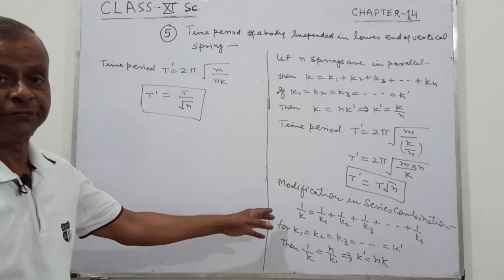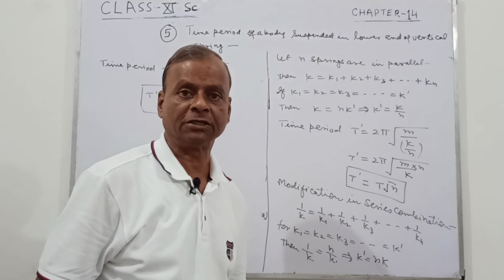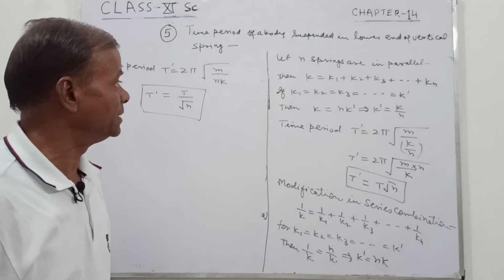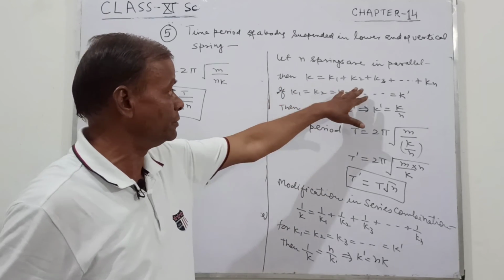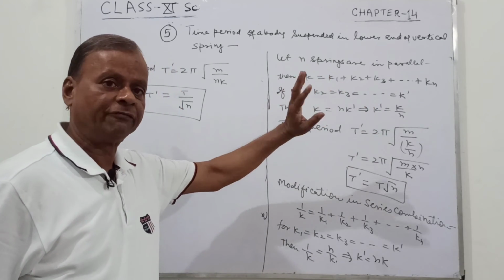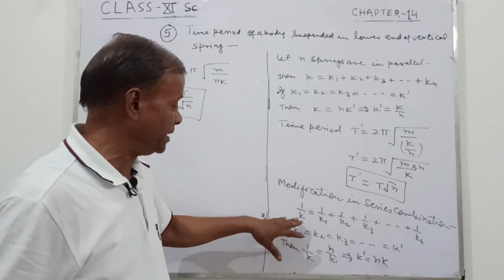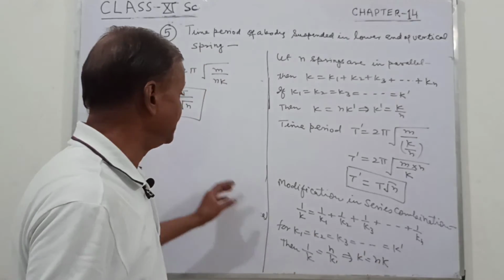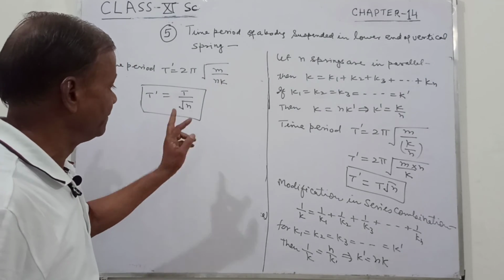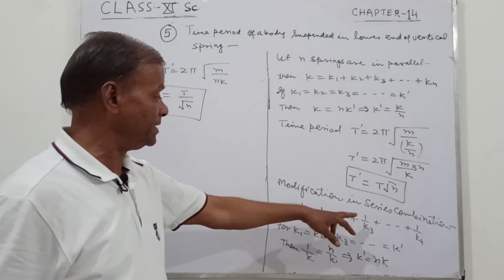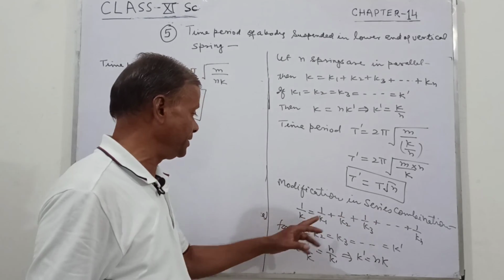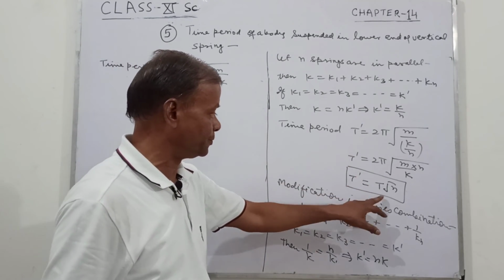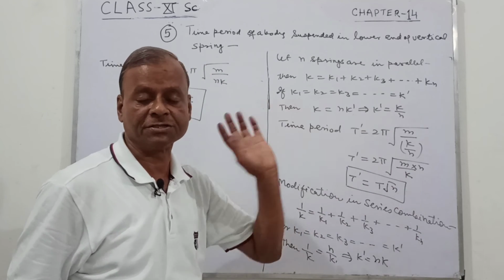So this you modify, where I told you about the series and the parallel combination. In parallel combination I told you like this one, but that was the wrong one. So you please have 1 upon K equal to 1 upon K1 plus 1 upon K2, and then time period will come out to be like this one. So when n springs are connected in series, then the time period increases. When n springs are connected in parallel, then time period decreases.